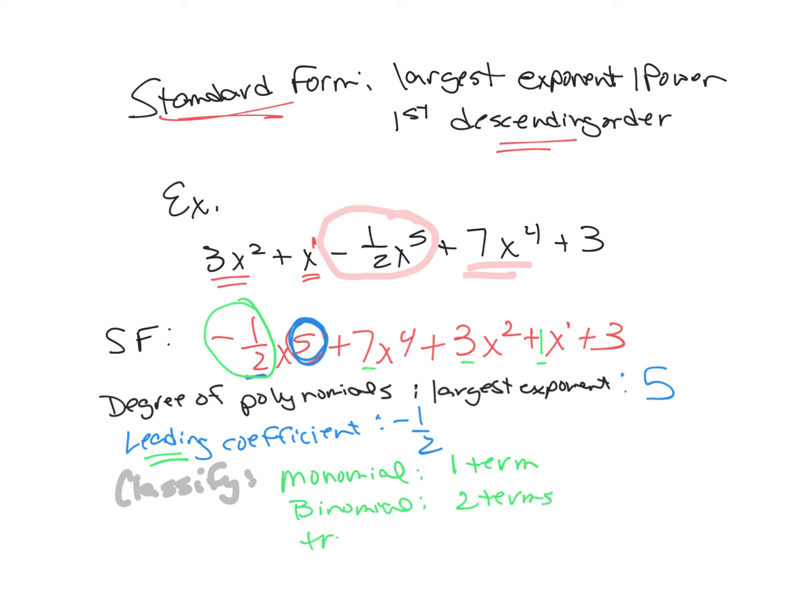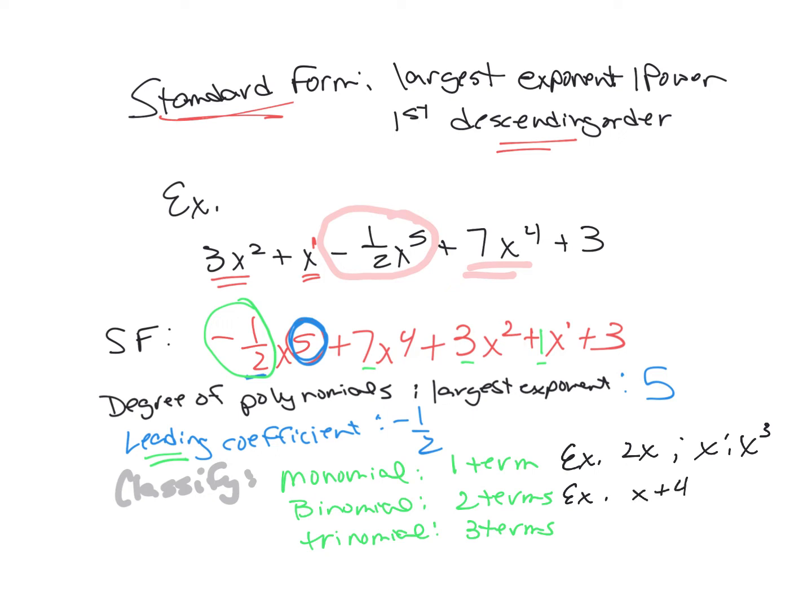And then we have a trinomial, which is 3 terms. Okay, and so we have our examples here. A monomial would be like if I gave you 2x, right? There's others, obviously. We could just say x. We could say x to the power of 3. Those are monomials. A binomial would be if I took x plus 4.